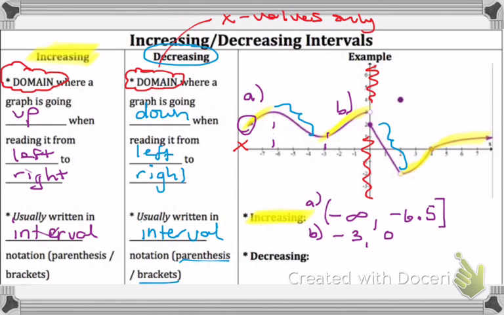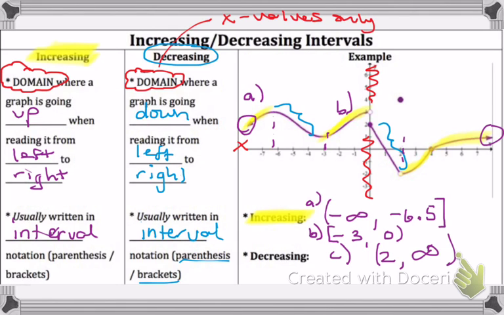Negative 3, comma 0. Now the 0 is not included, so we're going to put a parentheses on there, and the negative 3 is included, so we'll put a bracket. And then we have another area of increase that is from right here at 2, and it continues to infinity. So infinity is not included, and the 2 is not included because it's an open circle.